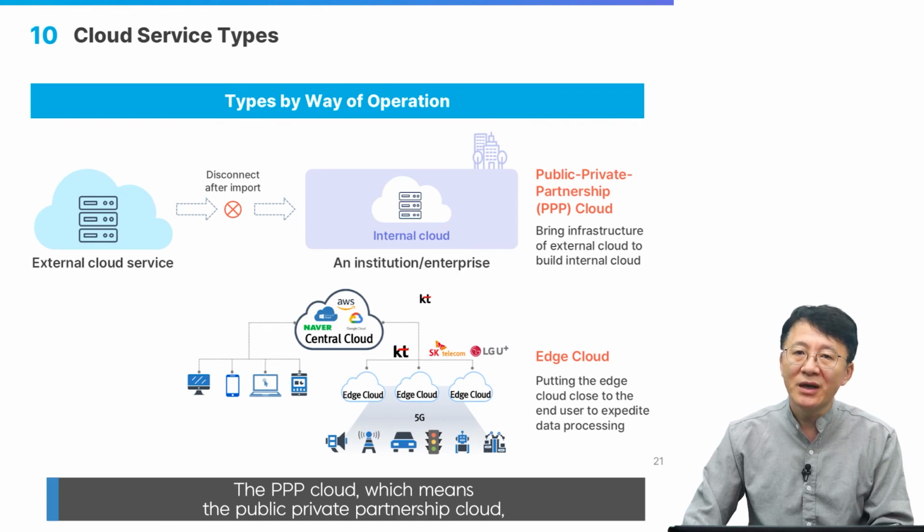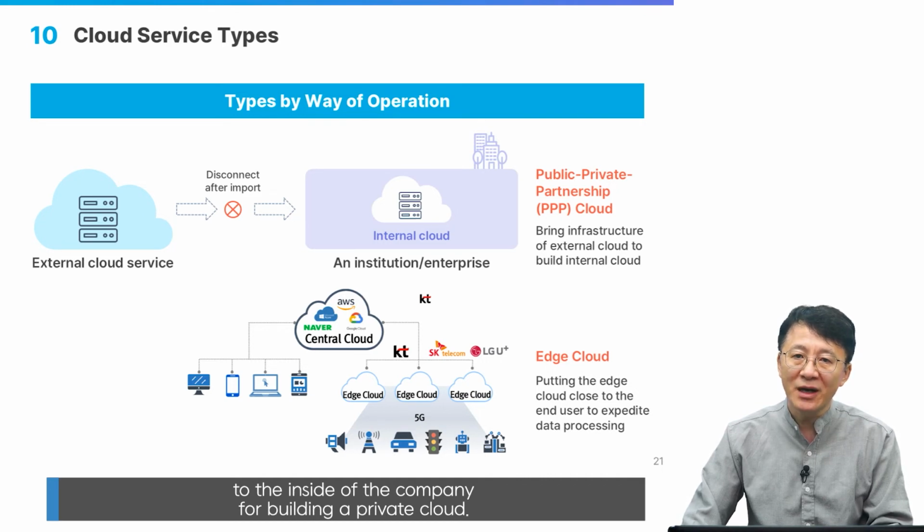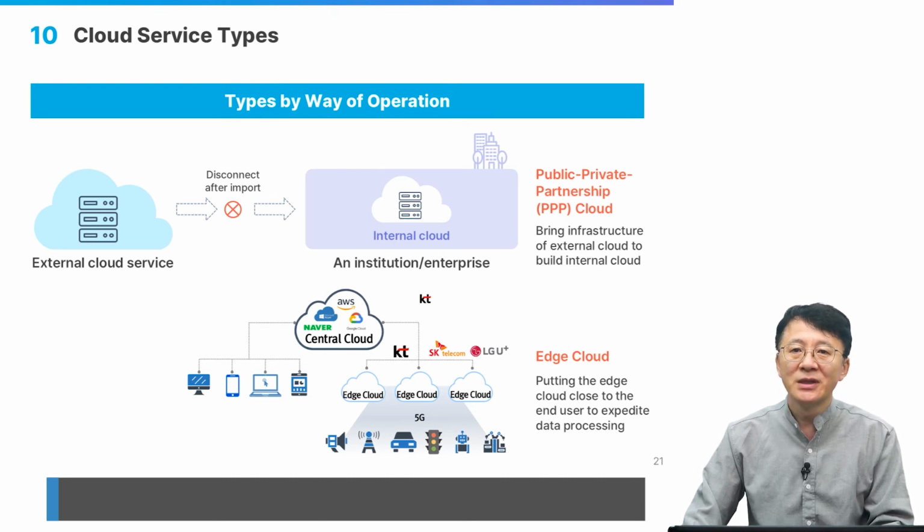The PPP cloud, meaning public-private partnership cloud, is a type in which a company brings the public cloud system to the inside of the company for building a private cloud. It can be seen as a form that combines the stability of public cloud with the security of a private cloud.